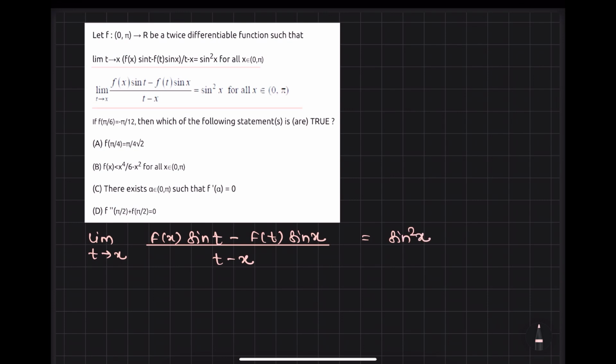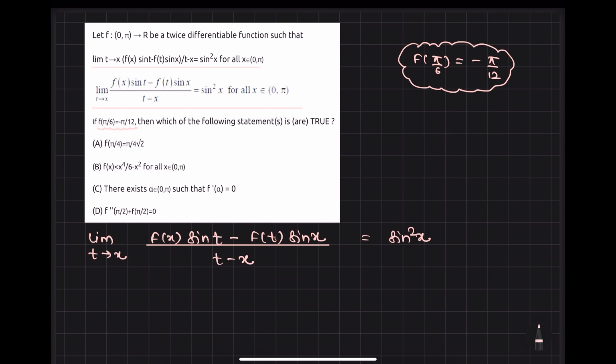Okay, they are saying that f of pi by 6 is equal to minus pi by 12. So they have given you this situation. Why have they given you this situation? To find out the value of the integration constant c. Okay, so let's try to calculate.